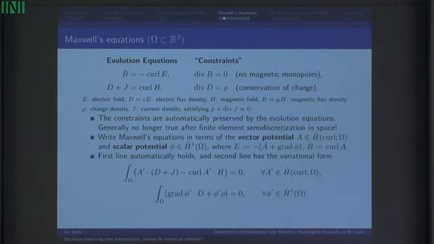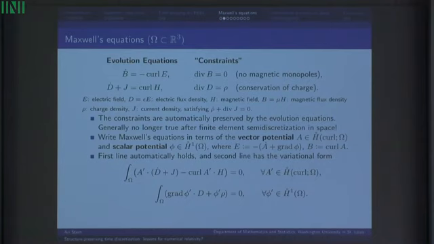All right. So if I define E and B in this way, I automatically get that this first line is satisfied strongly. Right? So here I get B dot equals minus curl E by taking the time derivative of B equals curl A. Right? And I get div B equals 0 by the fact that the divergence of a curl is 0.